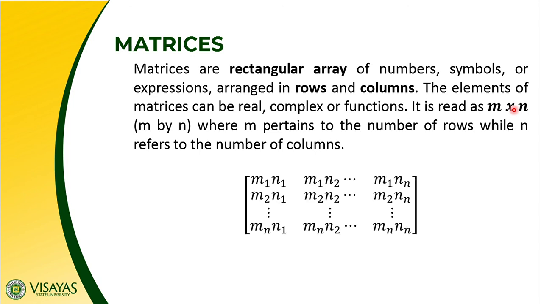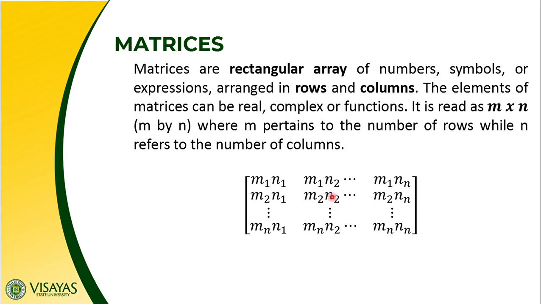Say for instance, this one is an example of a matrix, and everything that you see inside this bracket, this brace, is called an element. So all of the elements can be a real number, a complex number, or also a function.